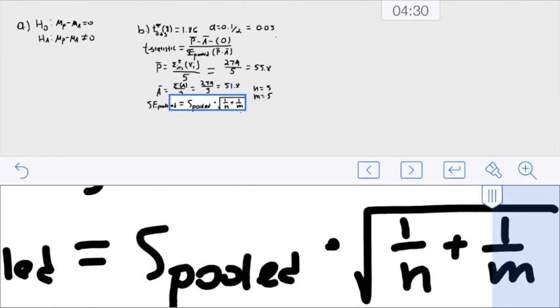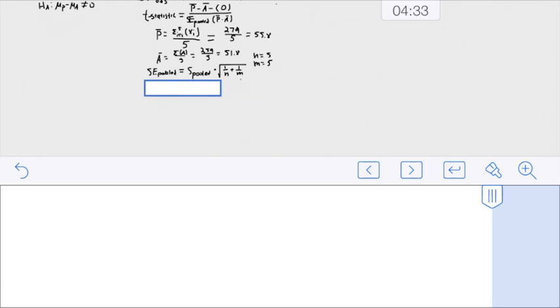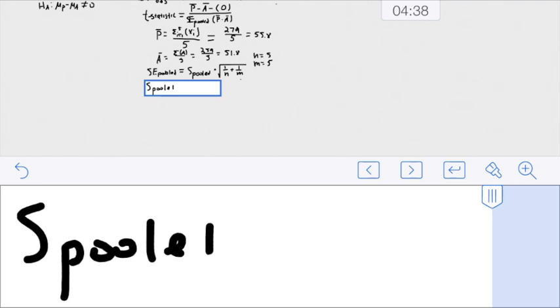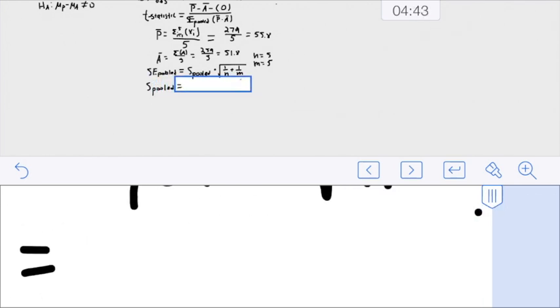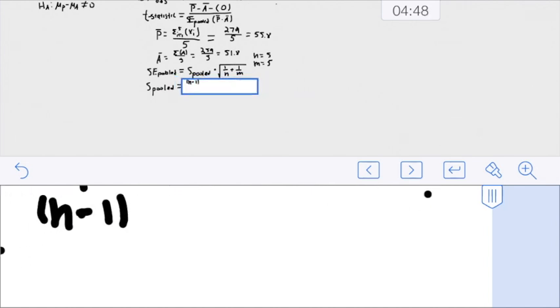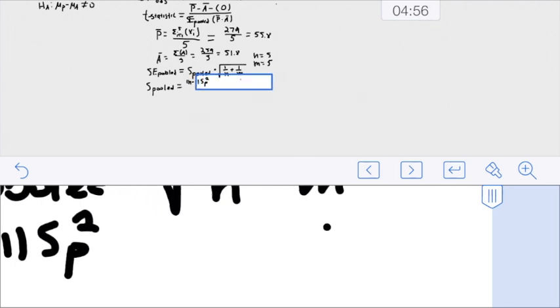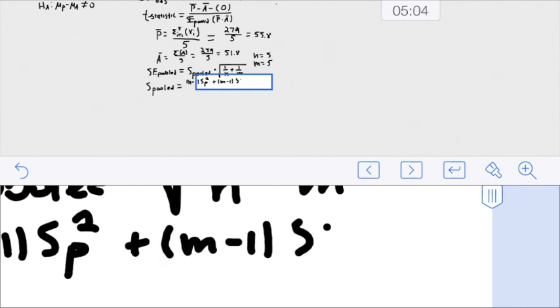So now that we have that equation, we still don't know our standard deviation pooled, so we must find that. And we use the formula, so it's going to be n minus 1 times the standard deviation of the Persian cheetah squared plus m minus 1 times the standard deviation of the African cheetah squared.